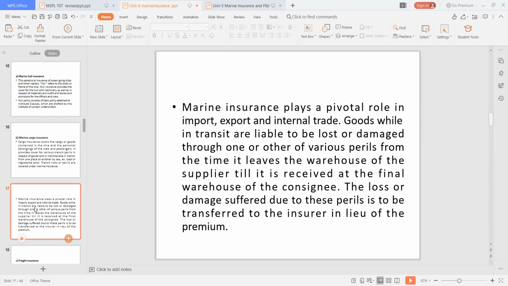The loss or damage suffered due to these perils is transferred to the insurer in lieu of the premium. So this is also important: import, export, the goods in transit, everything is covered under marine insurance.